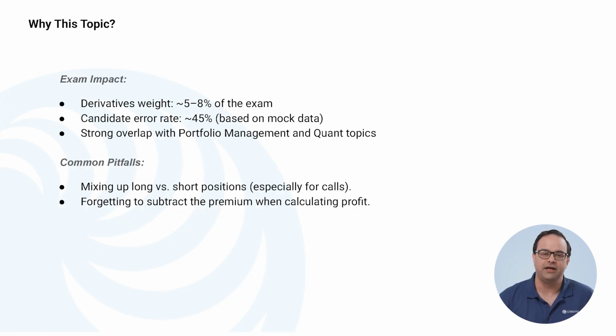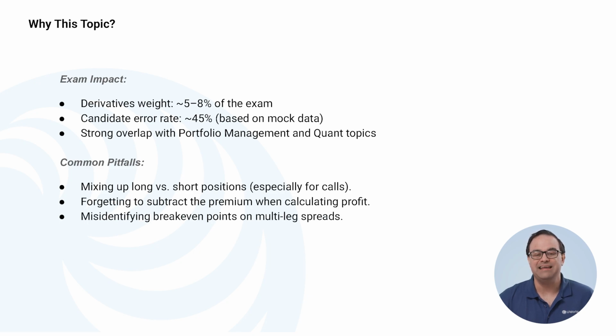For example, calculating the intrinsic value of the option when it is exercised without backing out the premium for a long when calculating their profit and loss. Another pitfall is misidentifying break-even points for multi-leg option strategies, for example, looking at an option straddle and only focusing on one particular side of that trade or another.